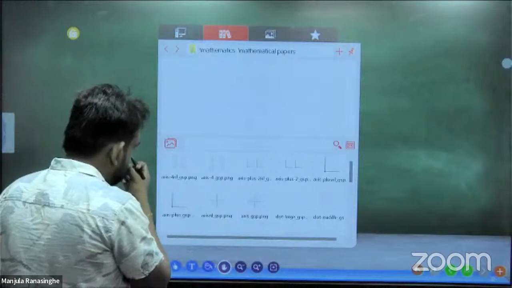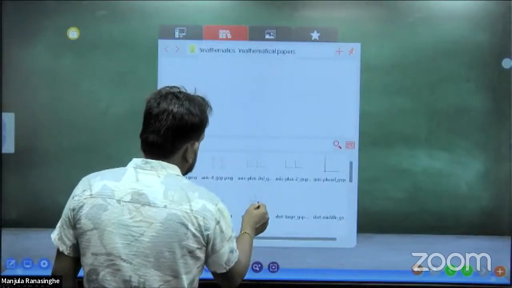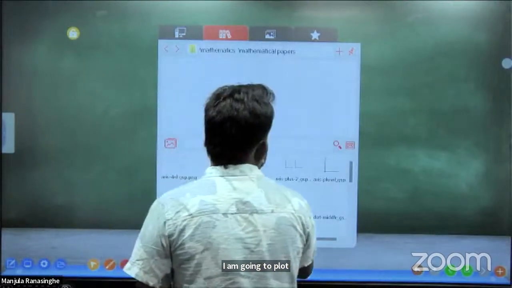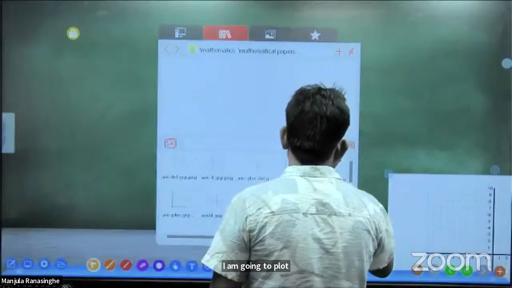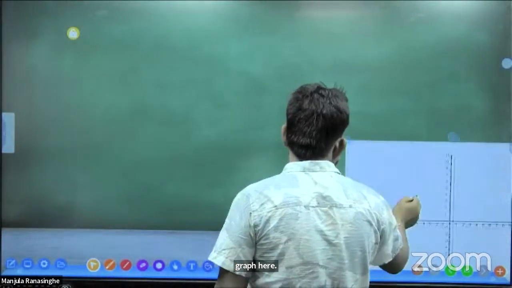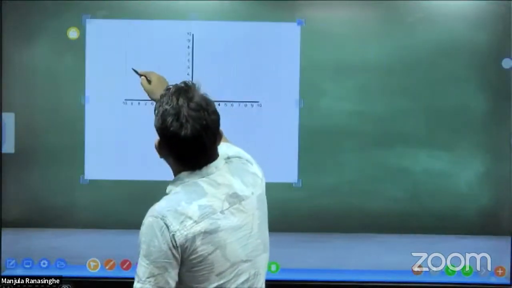Right. Now I am going to plot a graph here. This is my graph.